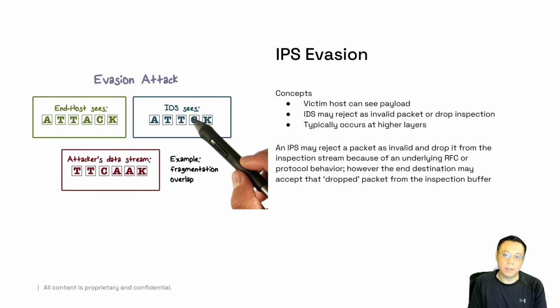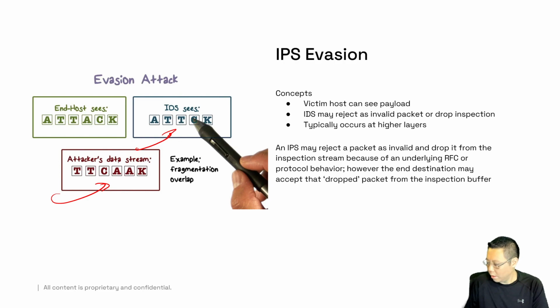In addition to IPSs, you also have the idea that you can evade them. So we have evasion attacks. So over here, remember when we talked about fragmentation and how things can overlap. If you have an overlapping fragment, the IDS can see perhaps the C or the actual data stream that is overwritten right here. But the end host can see something different than your IDS or IPS, based on how it handles fragmentation overlap, such as dropping something.